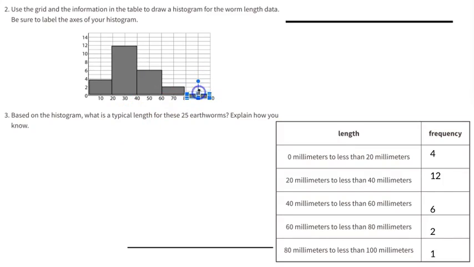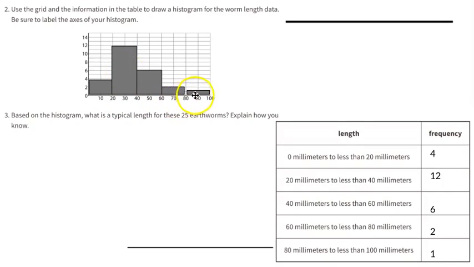All right. And the final one. This goes down, way down. All right. So with all that, we can see some things, right? What's a typical length of these? Yeah, it's somewhere between 20 and less than 40, right? Most of them fall in that range.